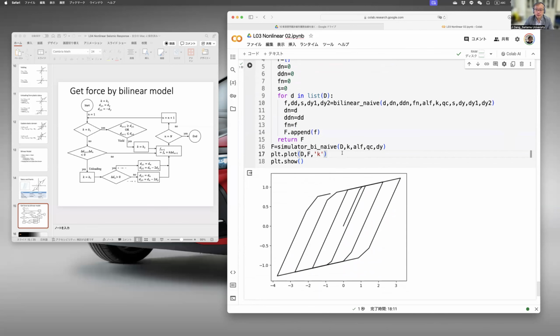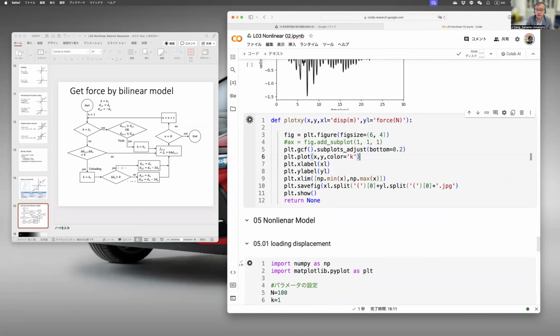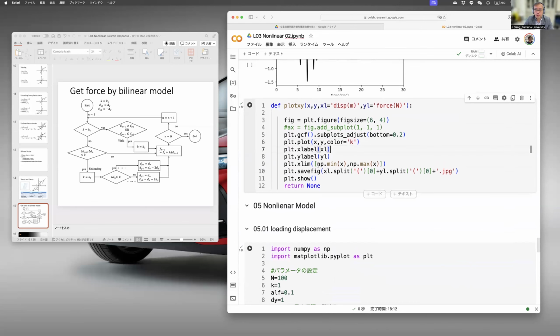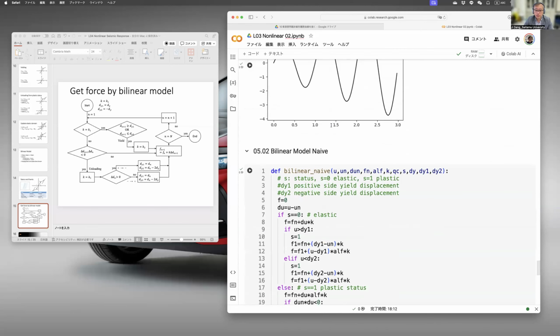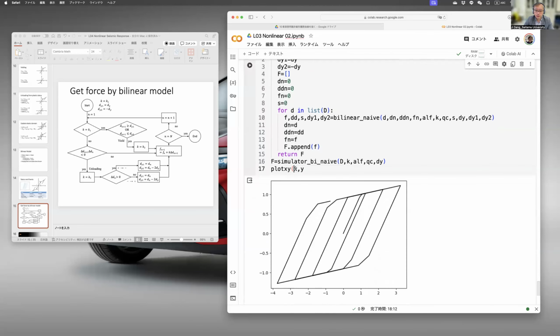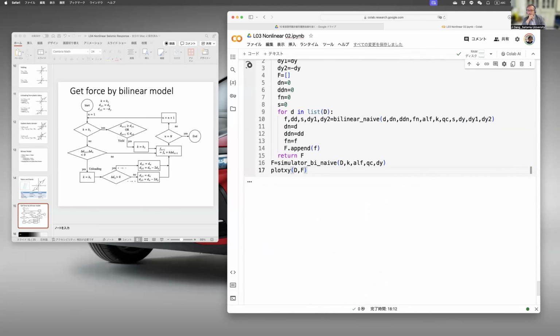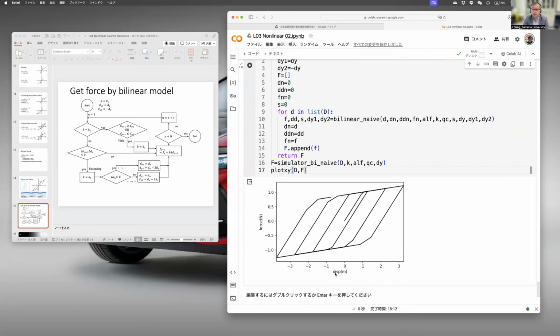And maybe I can use the plot function we recorded here. Plot xy, d and f that we generated last time. Right? Oh, so it looks better.